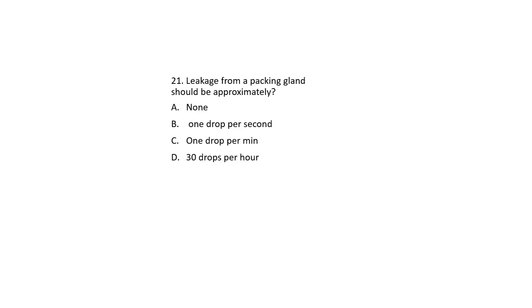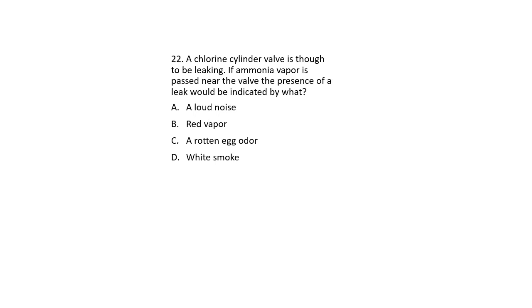Leakage from a packing gland should be approximately none, 1 drop per second, 1 drop per minute, 3 drops per hour. Answer is B, 1 drop per second. Again, leakage through a packing gland helps with cooling. A chlorine cylinder valve is thought to be leaking.